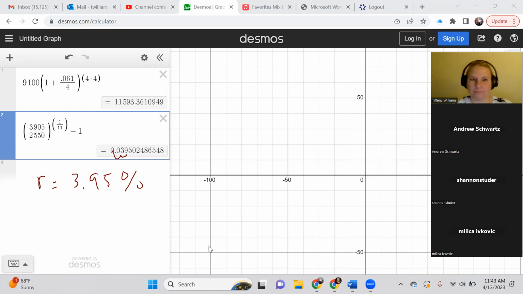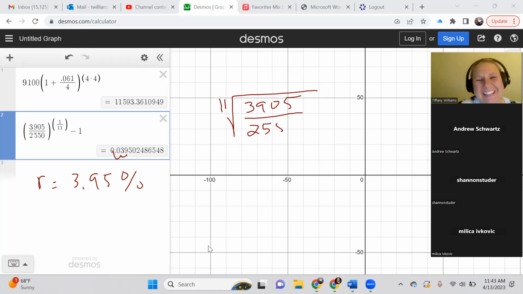Yeah, how did you get 1/11 as the exponent? So it actually turns out when you've got the 11th root, are you okay with the 11th root, Andrew? I guess so. So we took the 11th root because you had 1 plus r, I believe, over to the 11th.